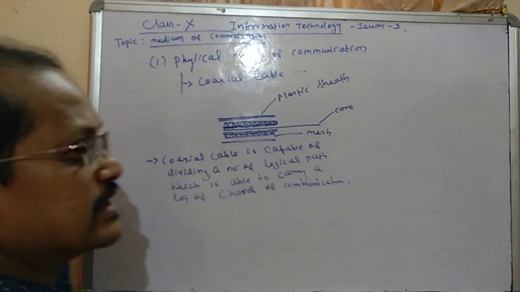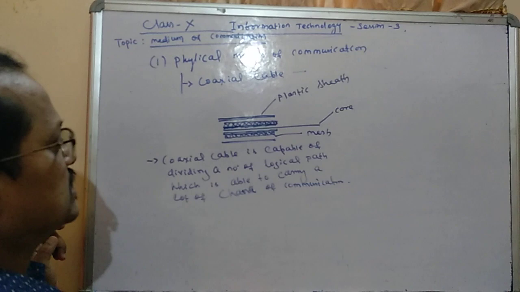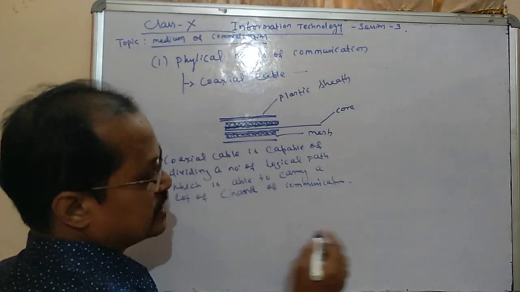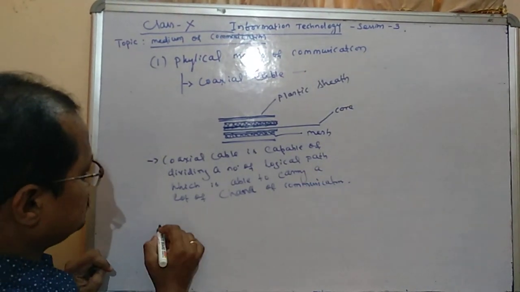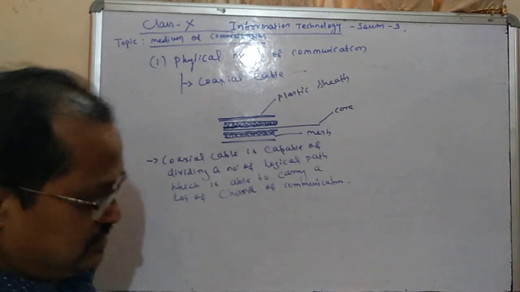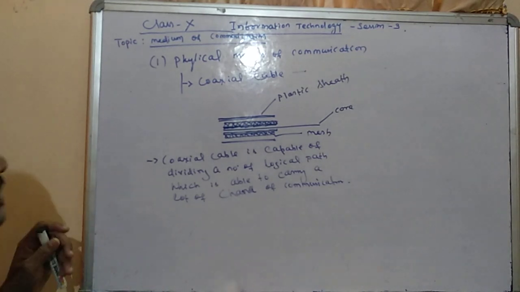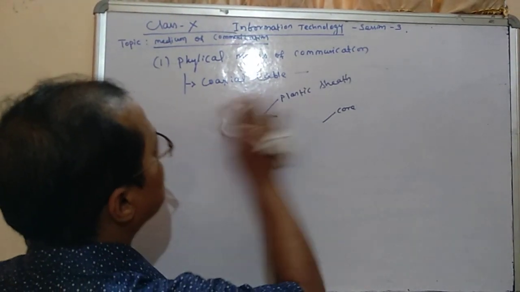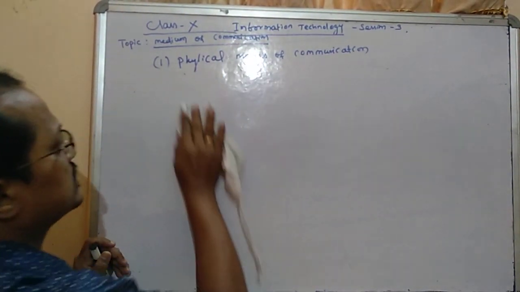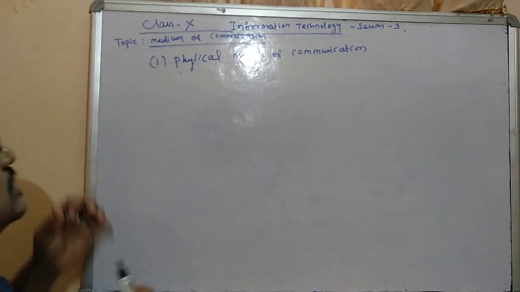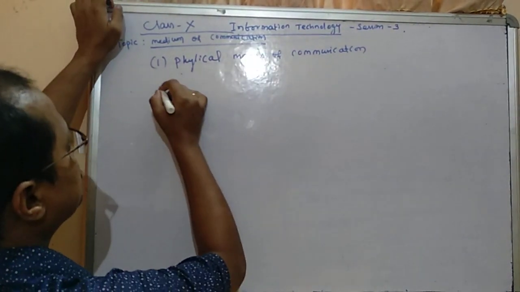It has high capacity in comparison to UTP and STP. This is about your coaxial cable. Next, after coaxial cable, another is optical fiber.